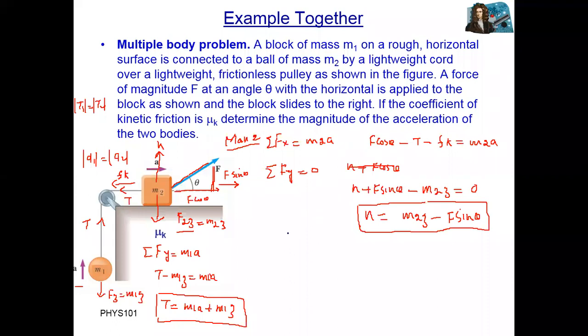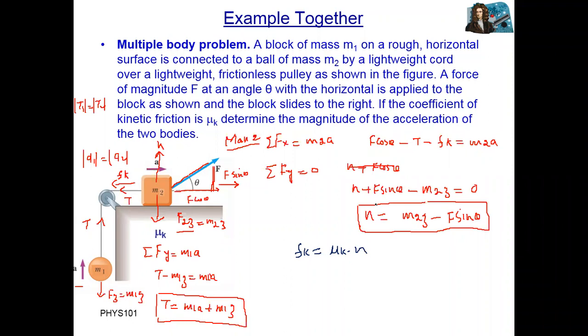As we know, the kinetic friction Fk is equal to mu k multiplied by N, where N is the normal force.